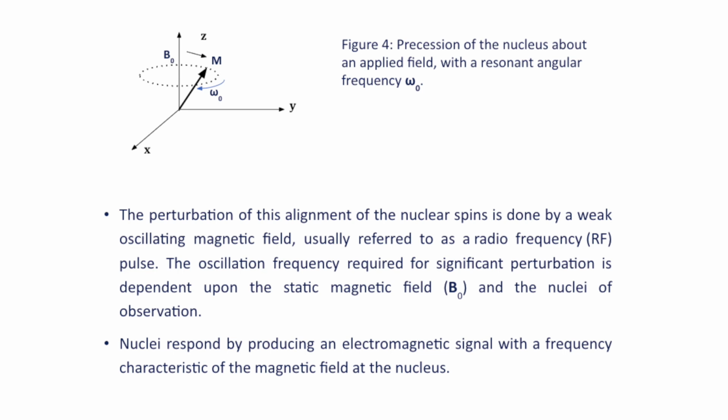The oscillation frequency required for significant perturbation is dependent upon the static magnetic field B naught and the nuclei of observation. Nuclei respond by producing an electromagnetic signal with a frequency characteristic of the magnetic field at the nucleus.